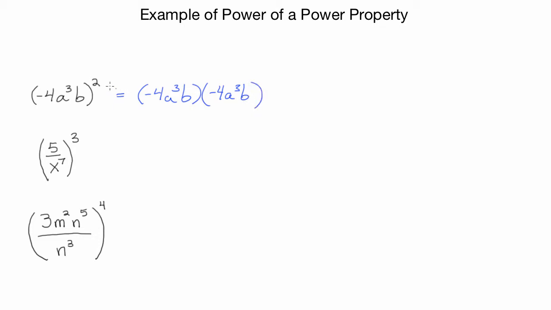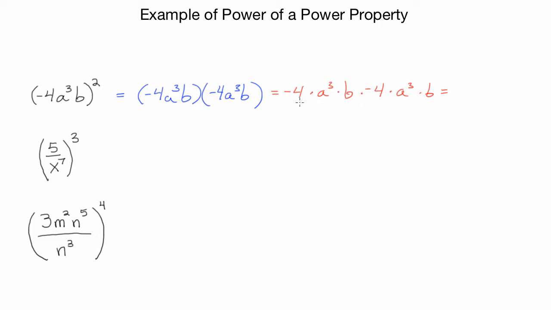There's two of them, right? That's what that 2 means. And once I've set it up like that, now it's easy to see I have -4 times a cubed times b times -4 times a cubed times b. So we're expanding it all out, and it makes it really easy to see what we need to multiply together.